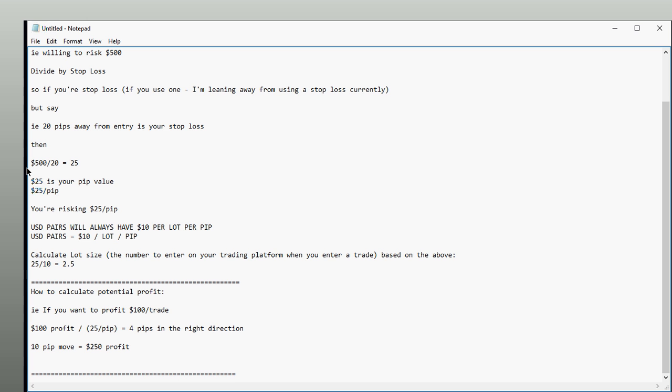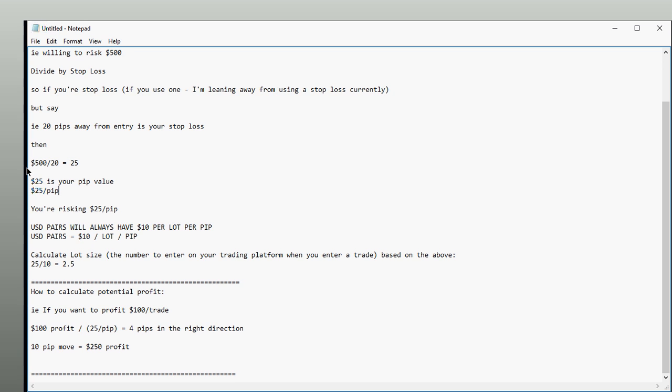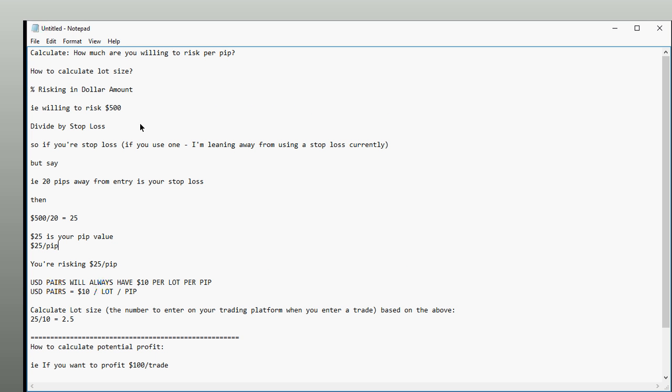So whatever amount you're willing to risk per point in price change is how much you're willing to risk as a loss or as a profit. For example, if you're willing to risk $500, you want to divide, and this is based off a percentage of your account.